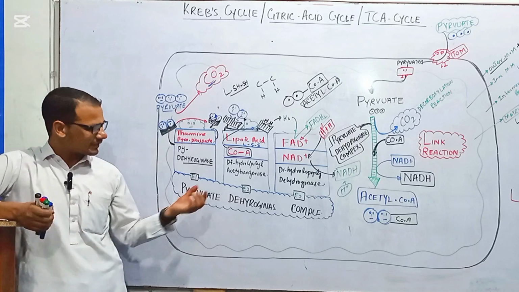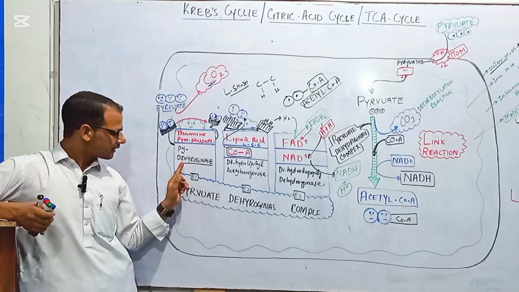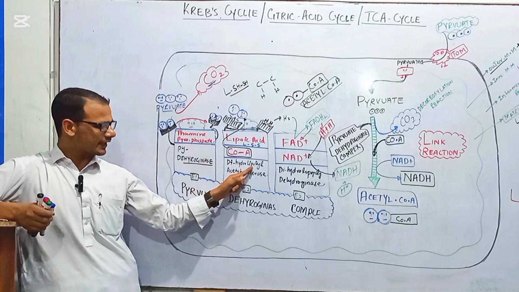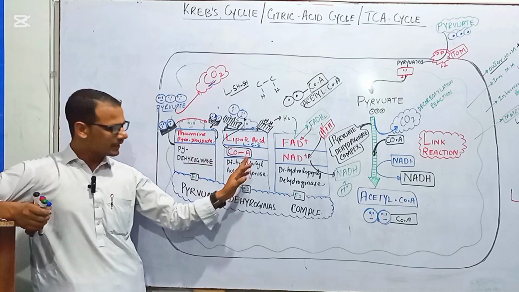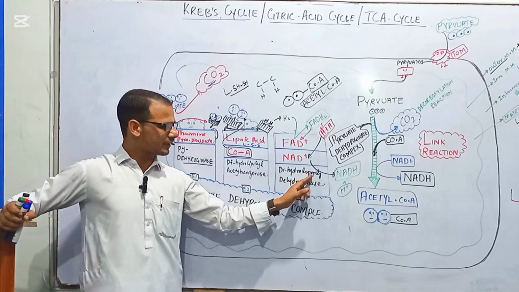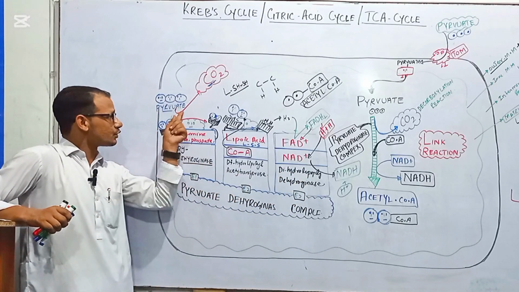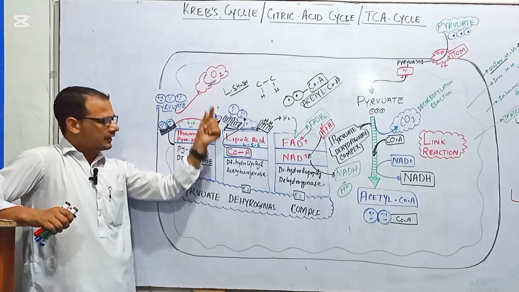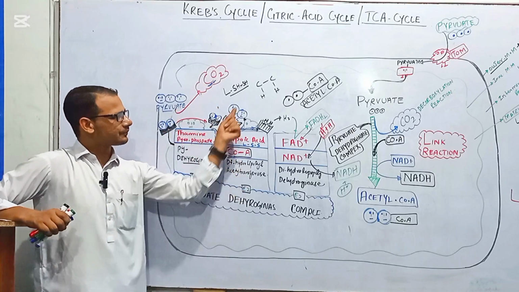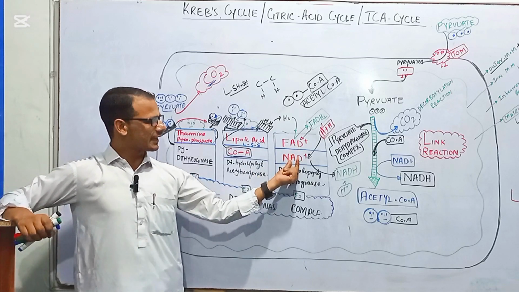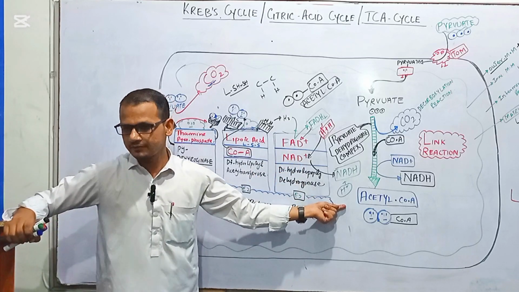Pyruvate dehydrogenase complex has three components. One is pyruvate dehydrogenase, second is dihydrolipoyl acetyltransferase, and the third one is dihydrolipoyl dehydrogenase. The function of this enzyme is to release carbon dioxide. The function of this enzyme is to add acetyl coenzyme A. The function of this enzyme is to reduce NAD plus to NADH.